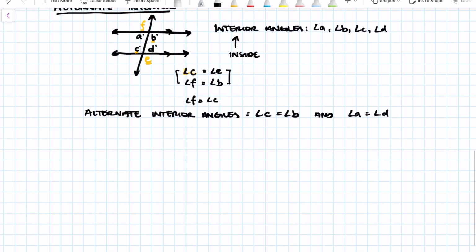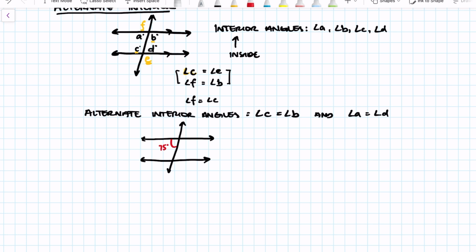So these angles are also equal to each other. So if I give you something like this, let's see, right here, how do you apply this? Let's say I have these two parallel lines, and I have this one transversal right here. Now let's say I know that this interior right here is, let's say it's a smaller angle, so let's make it 75 degrees.